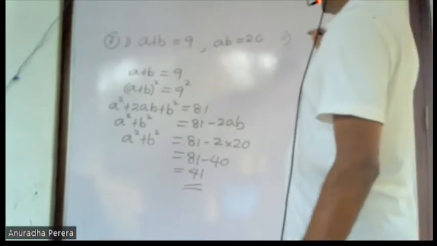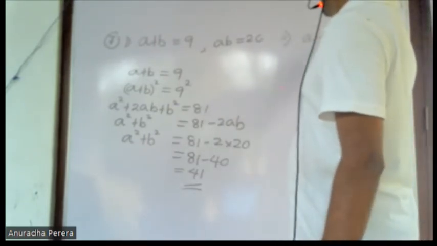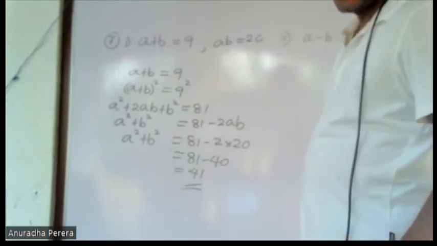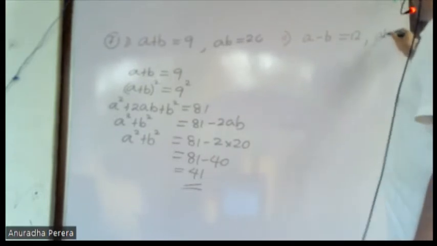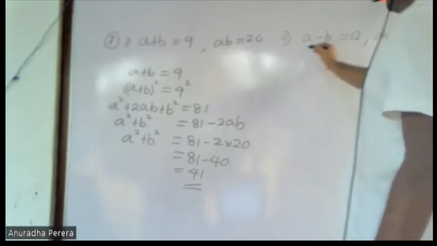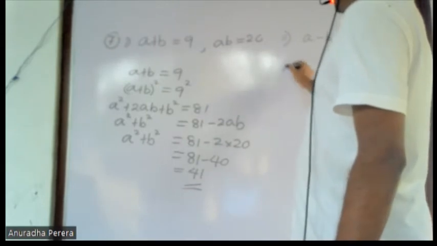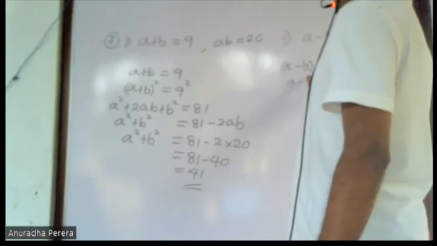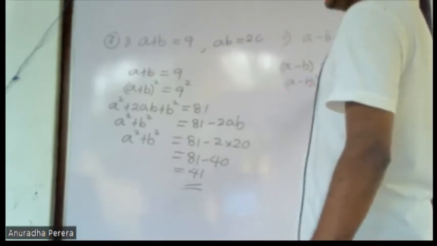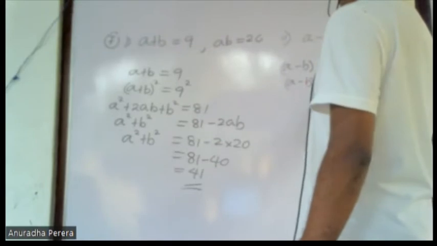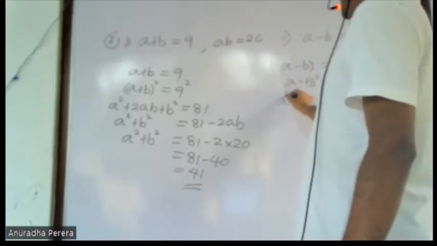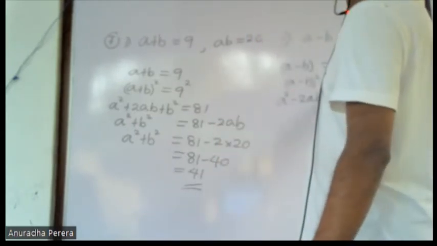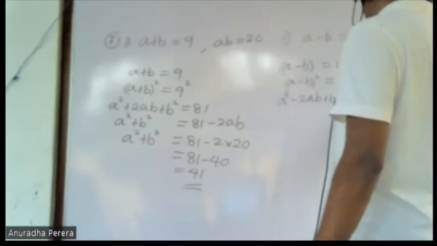When a minus b is 12 and ab is 15. Start from this one. A minus b equals 12. Consider square of both sides. A minus b squared equals 12 squared. Expand this: a squared minus 2ab plus b squared equals 144.